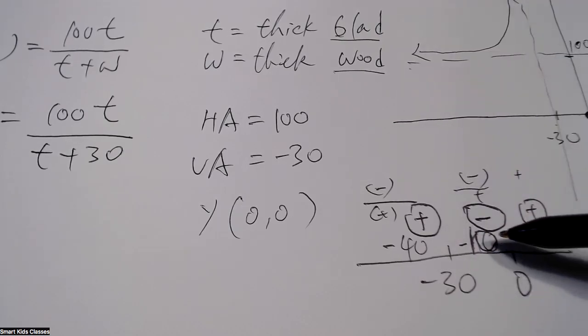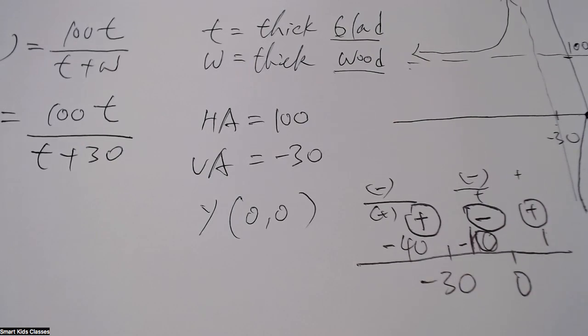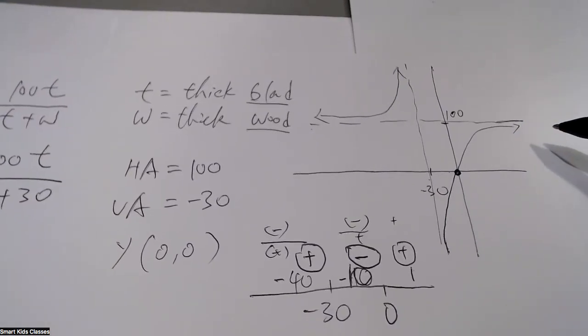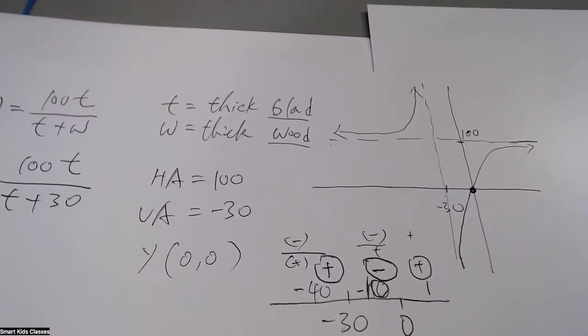From negative 30 to 0, it's negative. So we plot negative up to the y-intercept, and then rise to positive gradually, but not over 100, because the curve never reaches 100, just gets close to the horizontal asymptote.